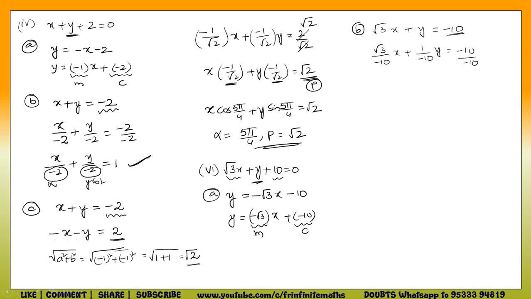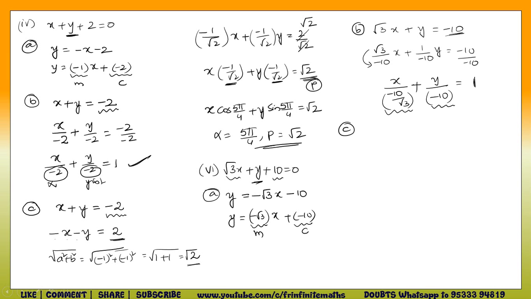Then I can write this as x by minus 10 by root 3, because already I told you, here the x coefficient should be 1. That means this root 3 I am going to bring as a denominator. Then I can write x by minus 10 by root 3 plus y by minus 10 is equal to 1. So from this clearly, this minus 10 by root 3 is my x intercept and minus 10 is my y intercept. So this is nothing but my intercept form.